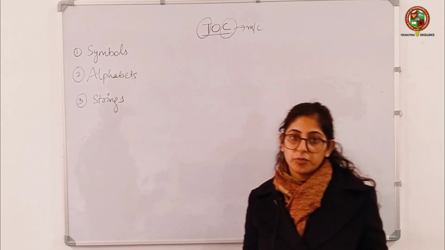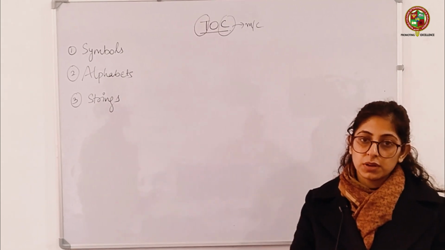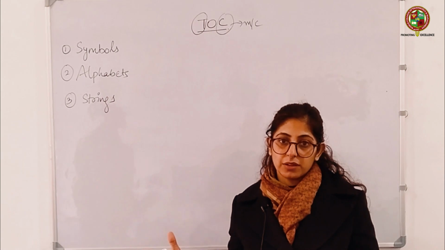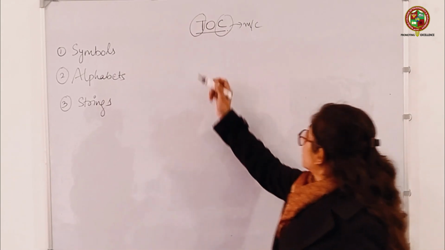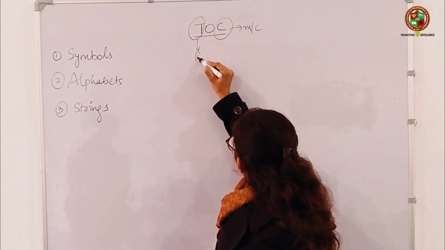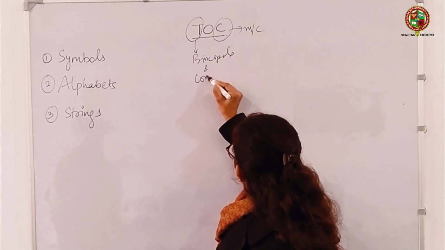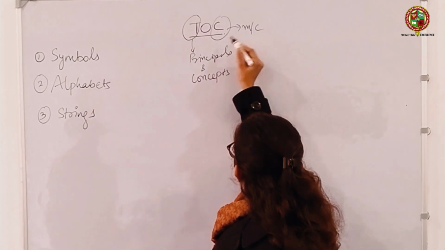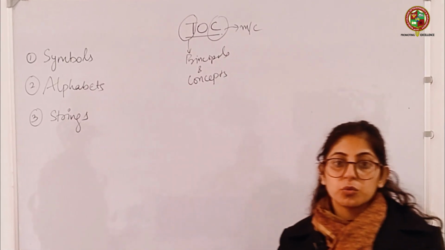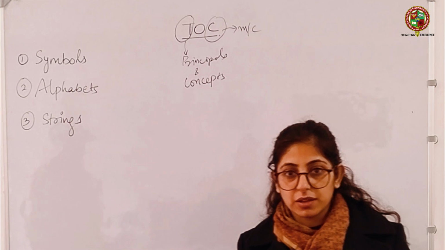It can be any kind of problem, from a small input problem to a high-level language problem. So we are going to learn the basic principles and concepts of the machine, or we can say the computation language.